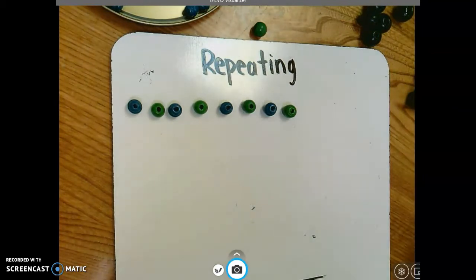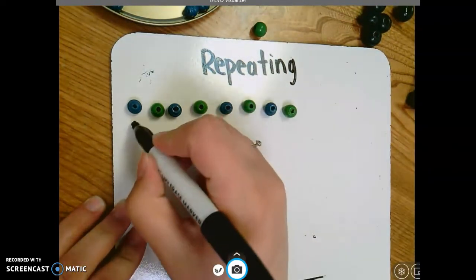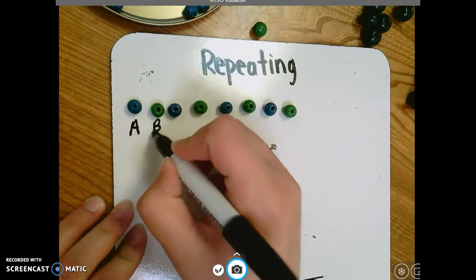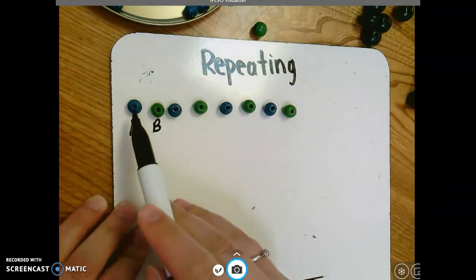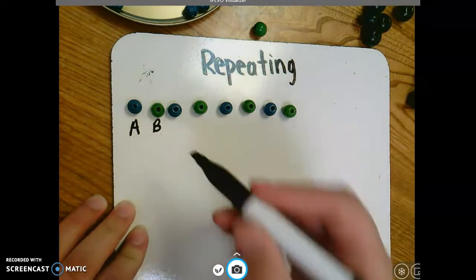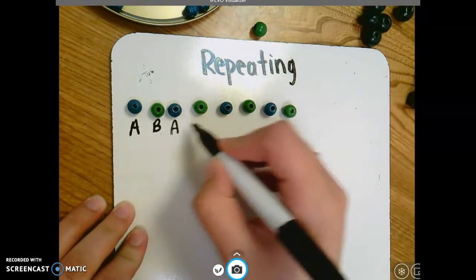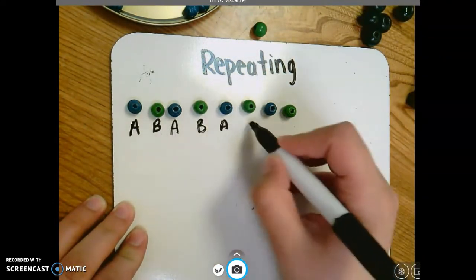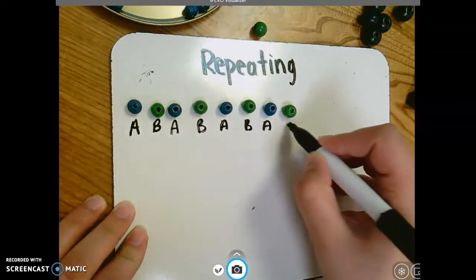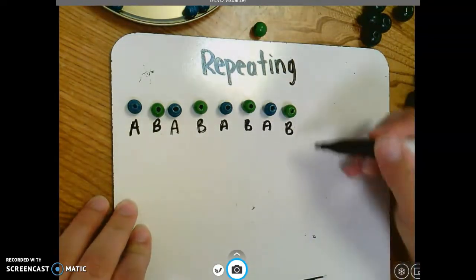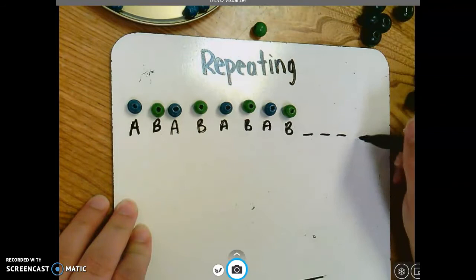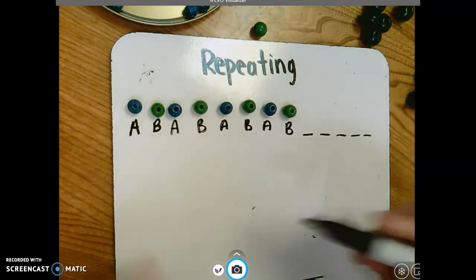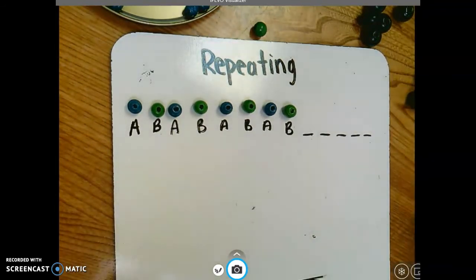So this would be a grade 1 pattern, and we would describe this pattern as having an A-B pattern. So these would be bead A, this would be bead B, and as we see, it repeats over and over. And using this, we could predict what would be coming next. So this would be an A-B pattern.